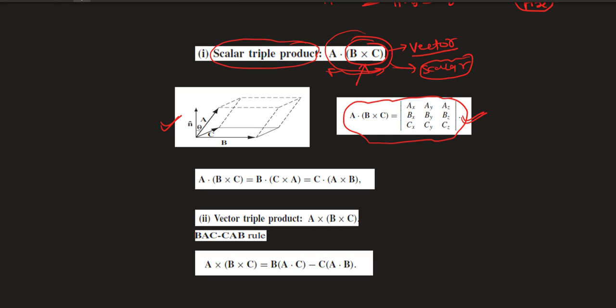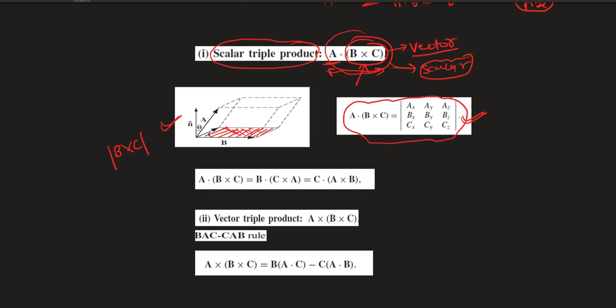So like this B cross C would be giving me this area of this parallelogram. Yes, so the magnitude of this cross product would be giving me the area of this. Now I am taking the dot product of A with this cross product of B and C.